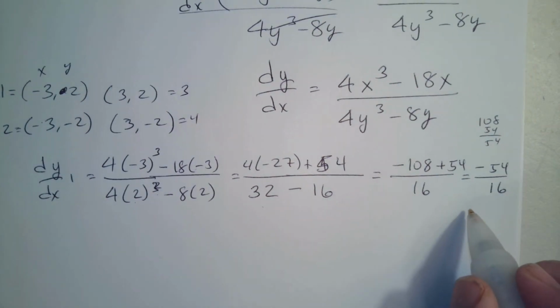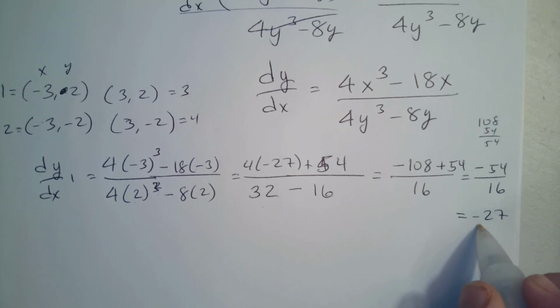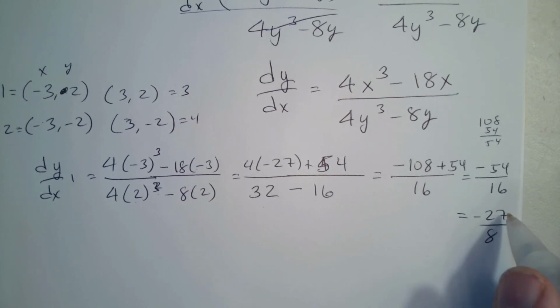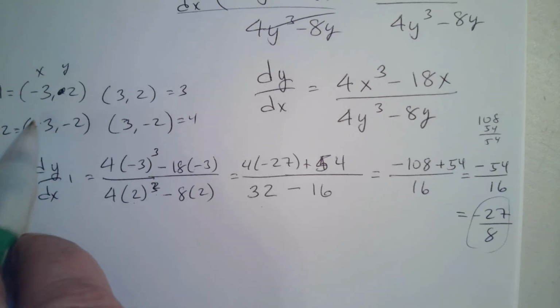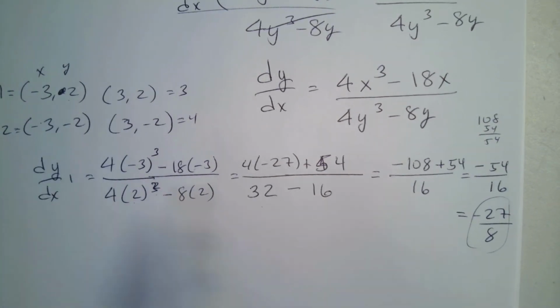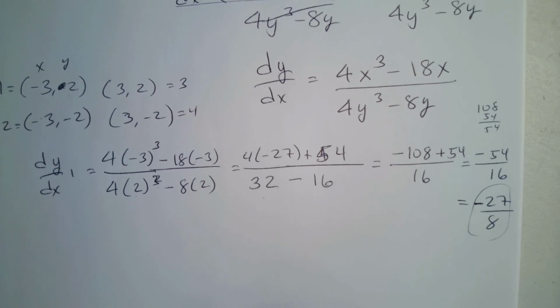They're both even, divisible by 2. So half of 54 is 27. Half of 16 is 8. Okay, that's the first one. So at negative 3, 2, it's negative 27 over 8. That's the slope.